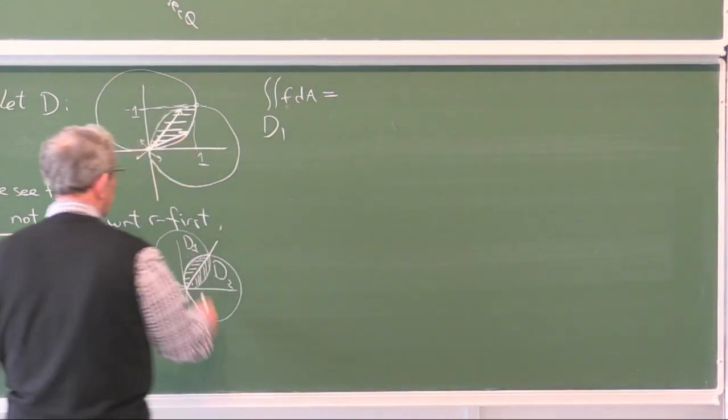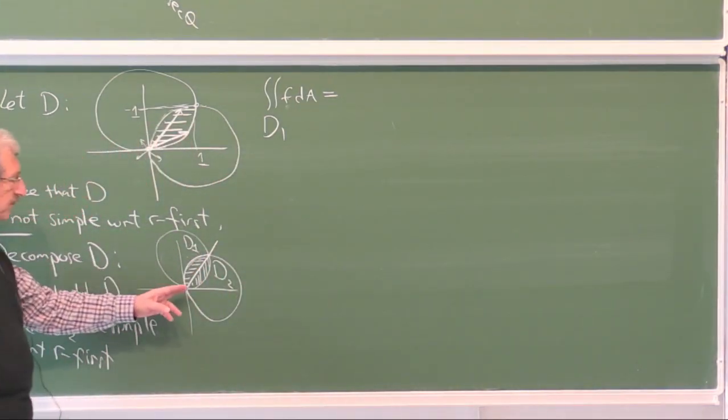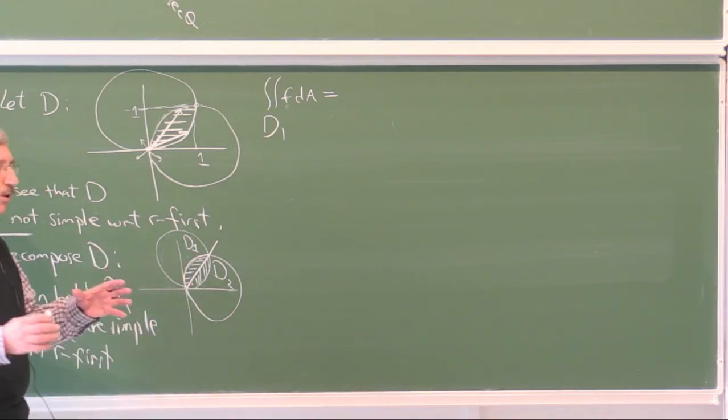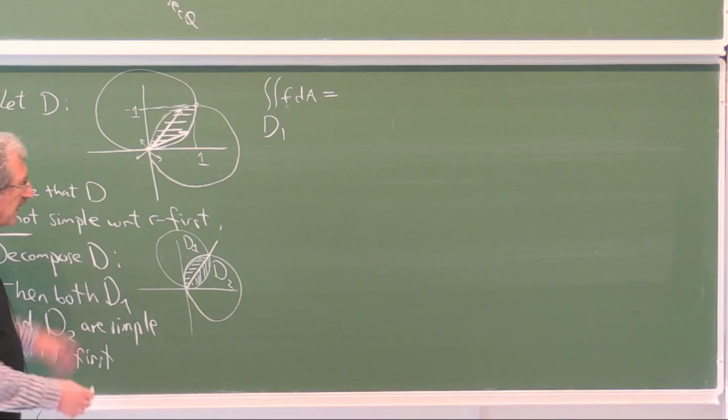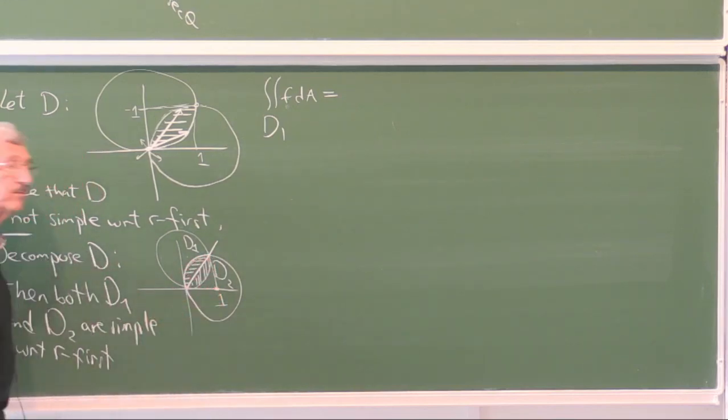Well, in D1, we said that r starts from the origin and goes up to the lower curve. The lower curve is a circle centered at (1, 0).